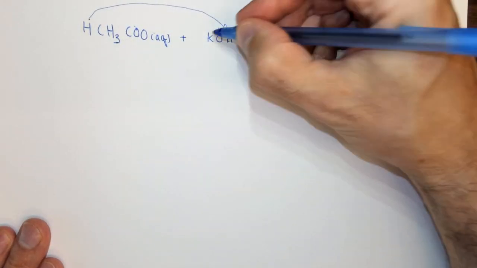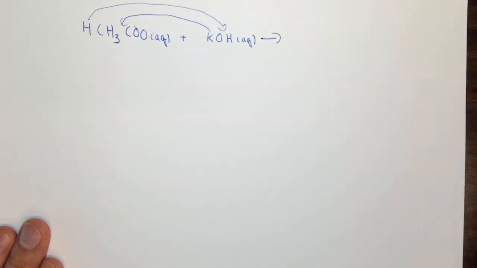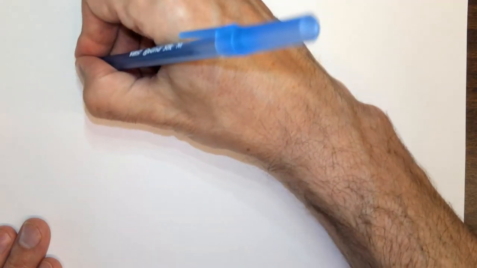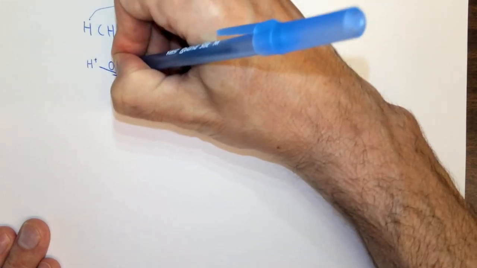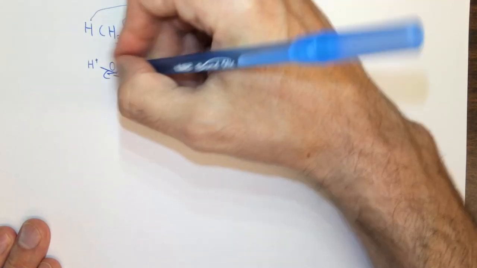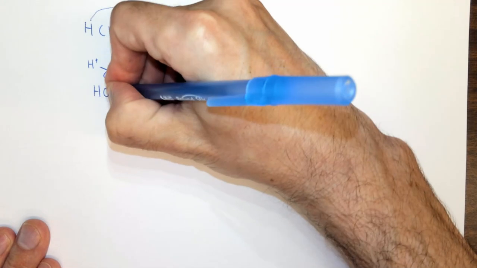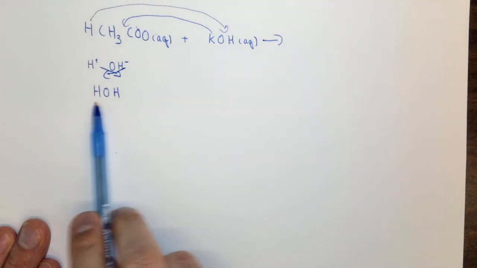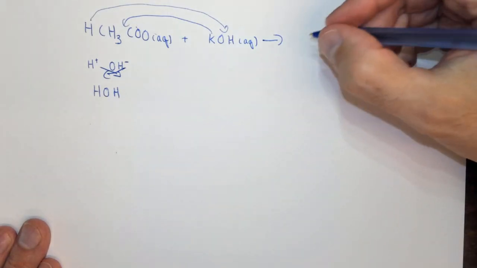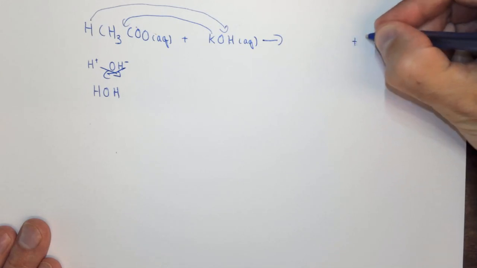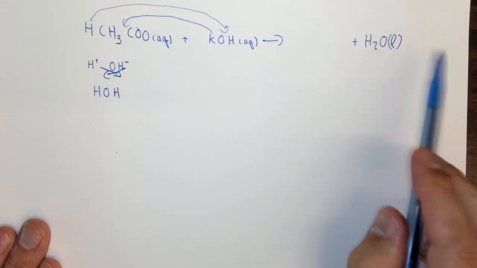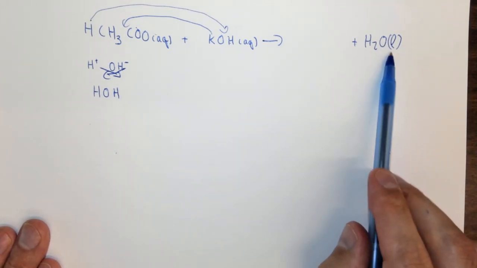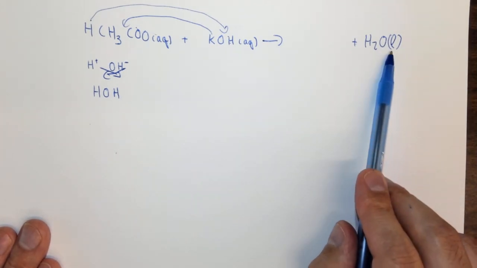H goes with OH, K goes with acetate. So if we have H plus and OH minus and we cross them, this is not very necessary, we get HOH. Note that HOH is much more commonly written as H2O. And for whatever reason, it's usually written second. So we end up with water. Note that water is not aqueous, which is the driving force of this reaction.